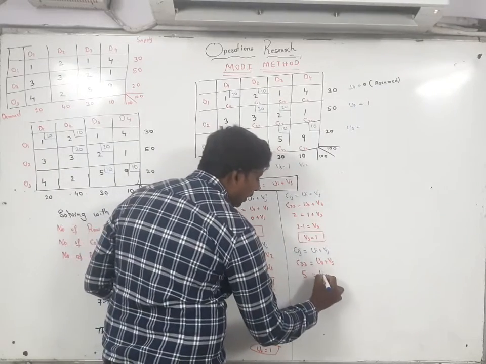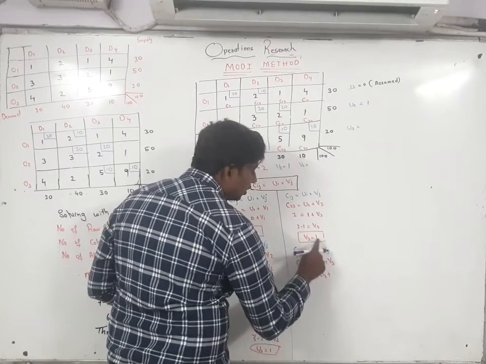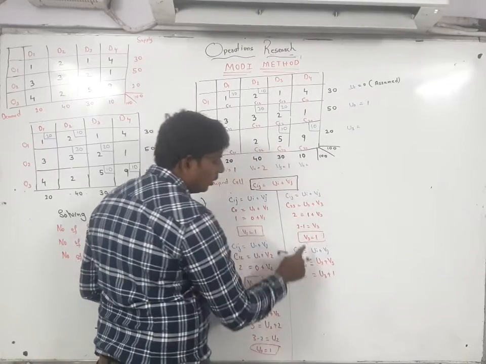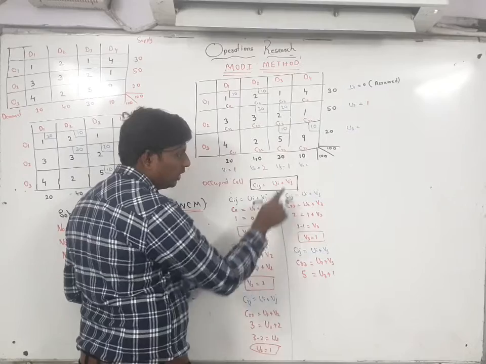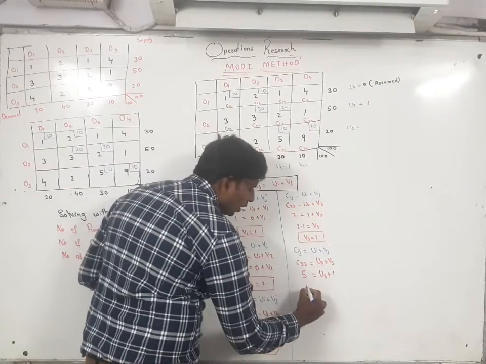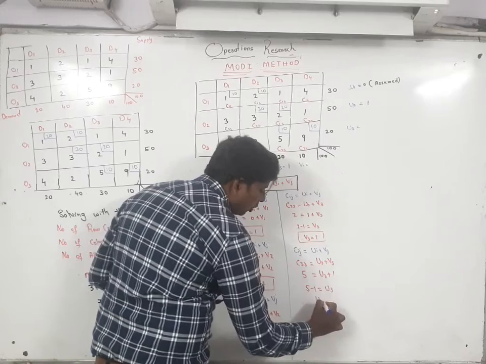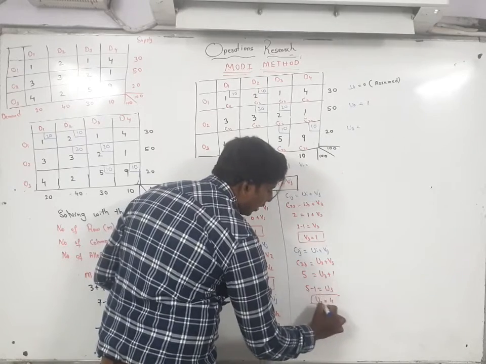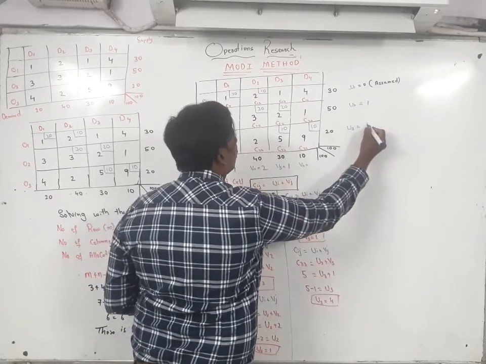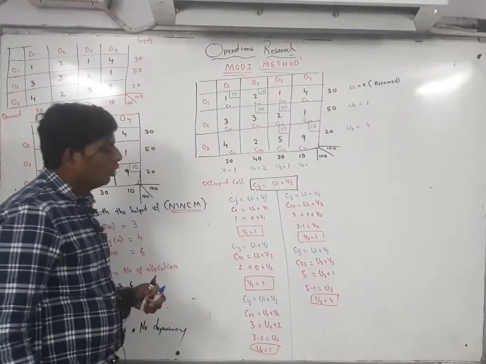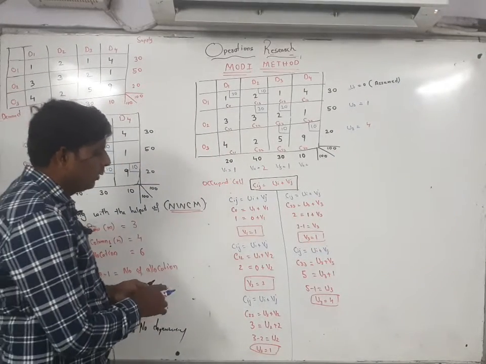No, U3 value you have to find out. V3 you just got, how much is that? 1. If you substitute here, 5 minus 1 is equal to U3. So U3 is 4.